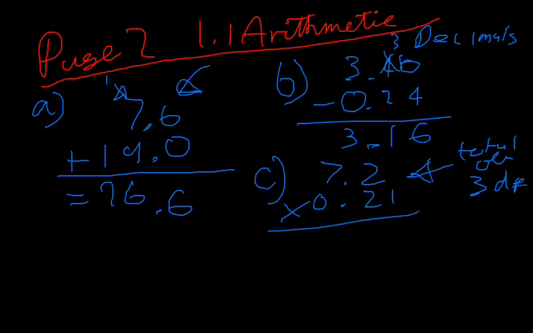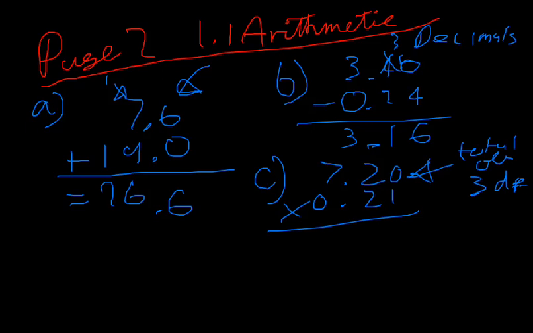So let's do that. Basically we do 72 times 21. This is long multiplication. We do 2 times 1 first, okay, so we do 2 times 1.